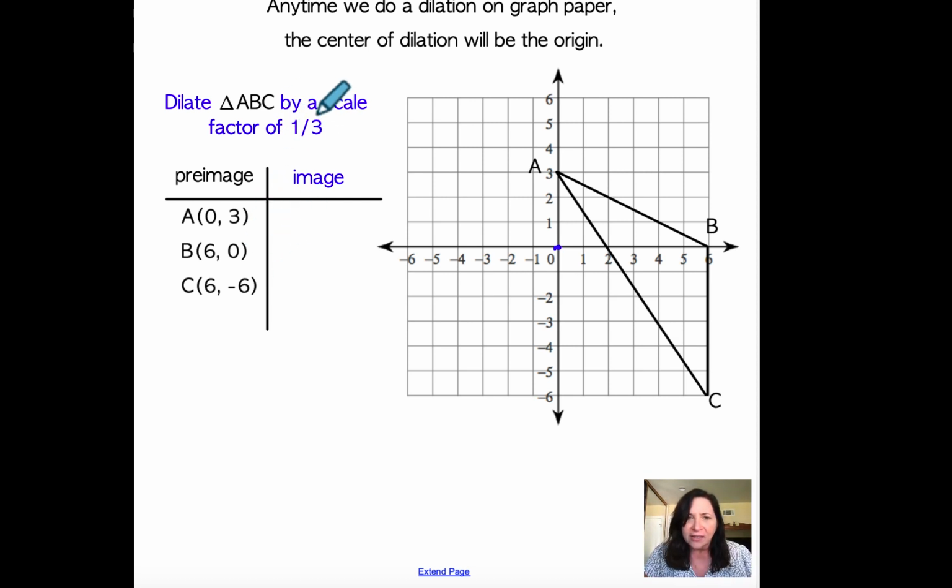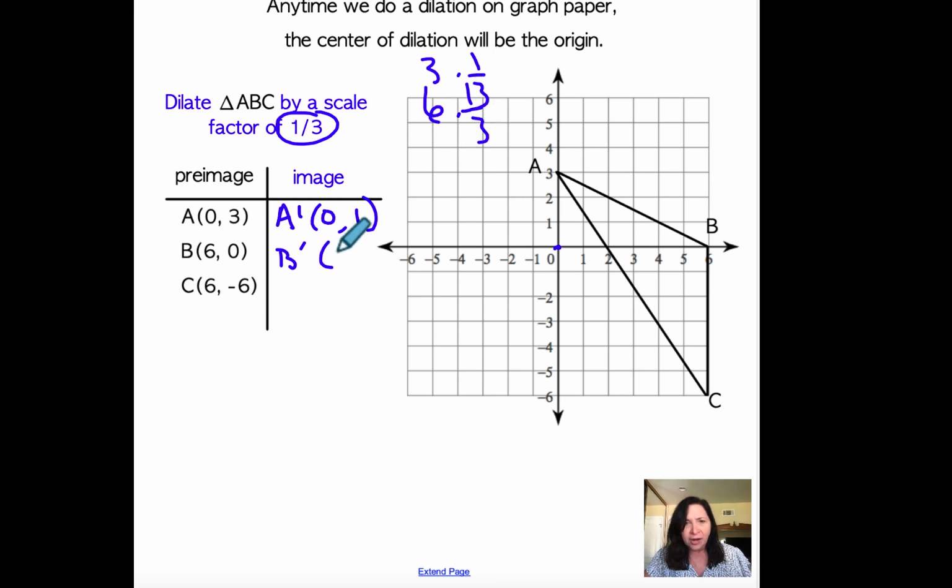And so we're going to take this 1/3, and it's pretty simple to do. You basically take 1/3 of each value. So for our A prime, 0 times 1/3 is still 0. But 3 times 1/3 is 1. So 0, 1. For B prime, we're going to take 6 and multiply that by 1/3, and I get 2. 0 times 1/3 is 0. For C prime, I'm going to go 6 times 1/3, which is 2, and -6 times 1/3, which is now -2.